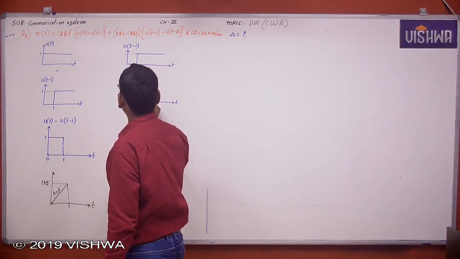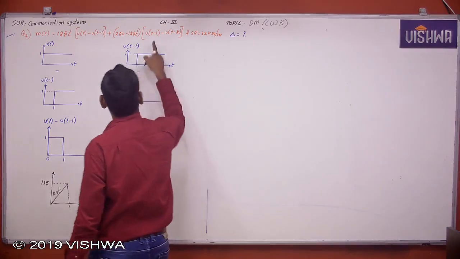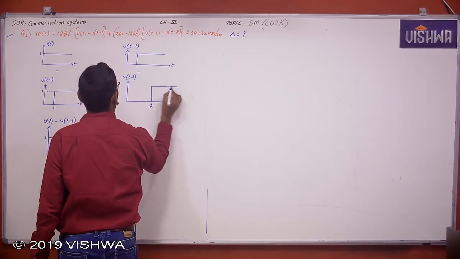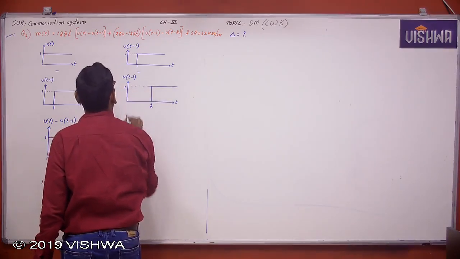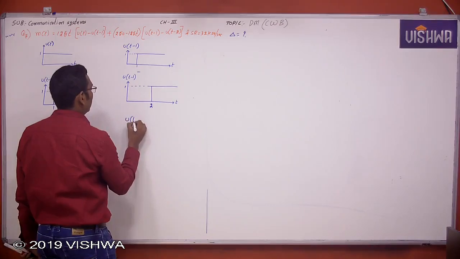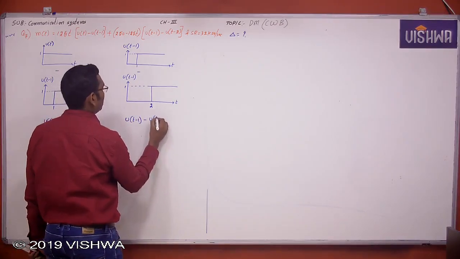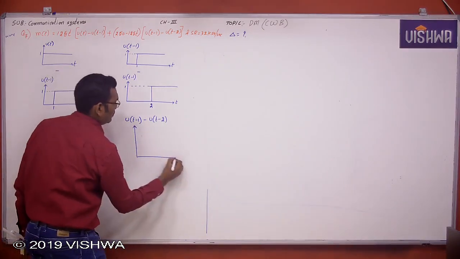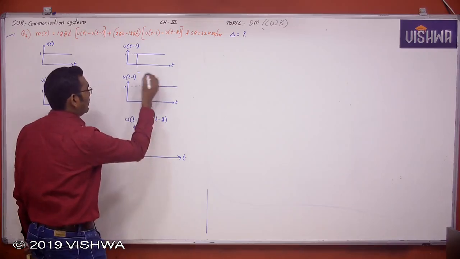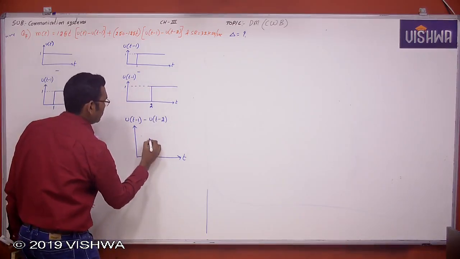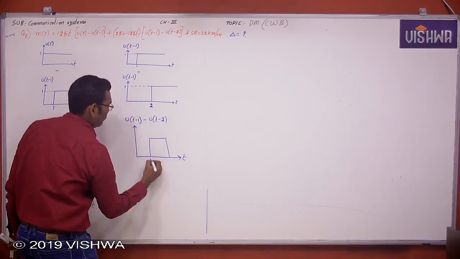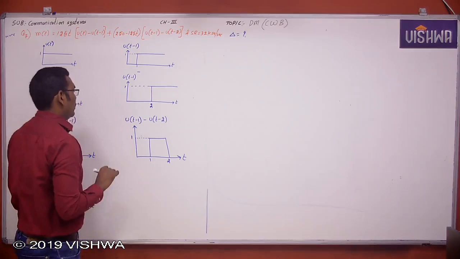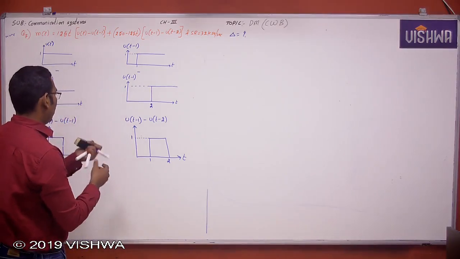This is u of t minus 1 and this is u of t minus 2, between 1 and 2.